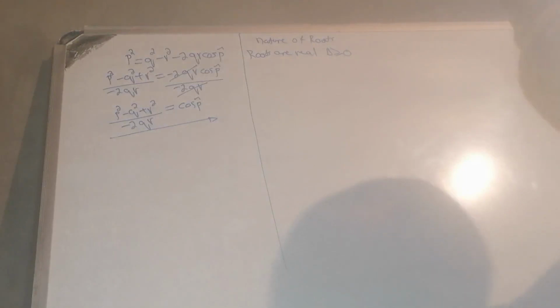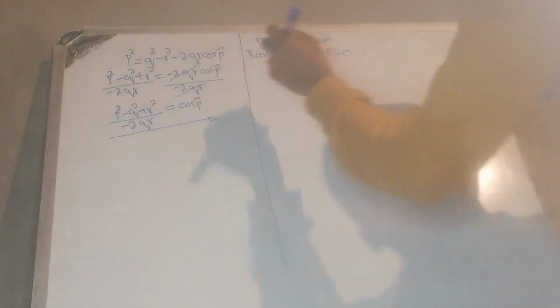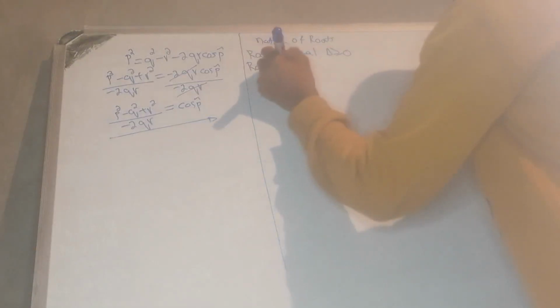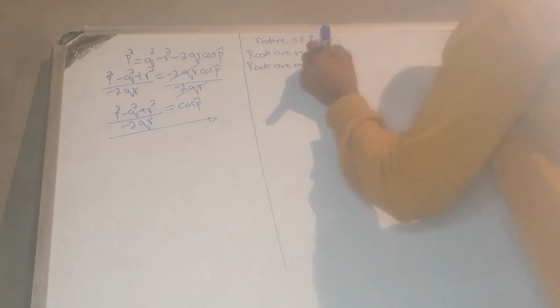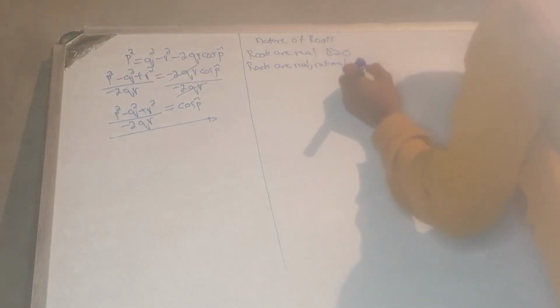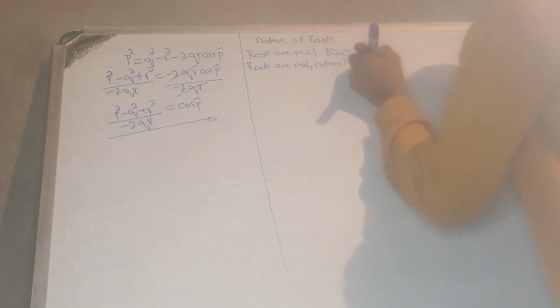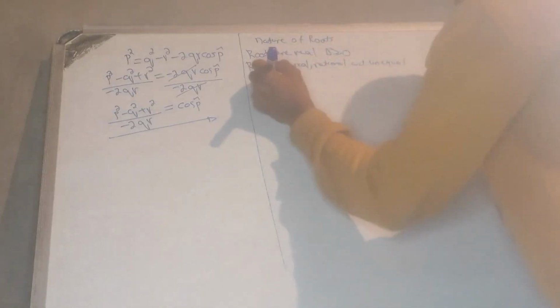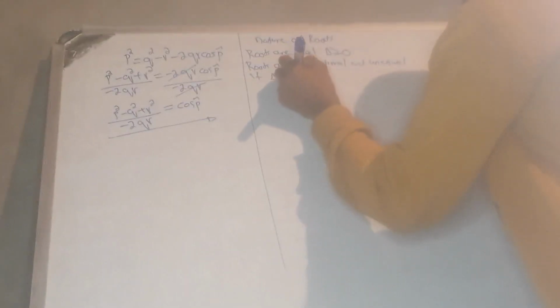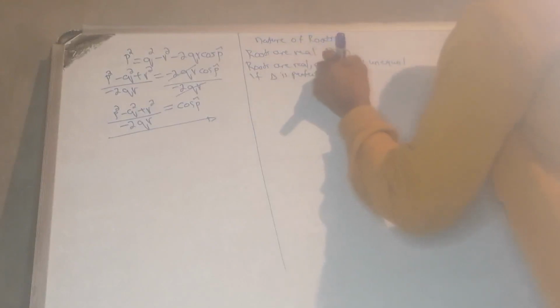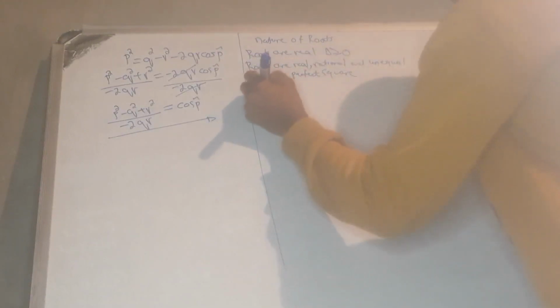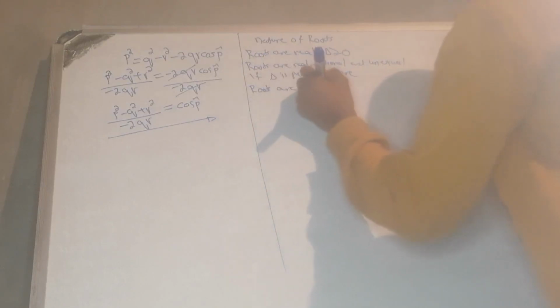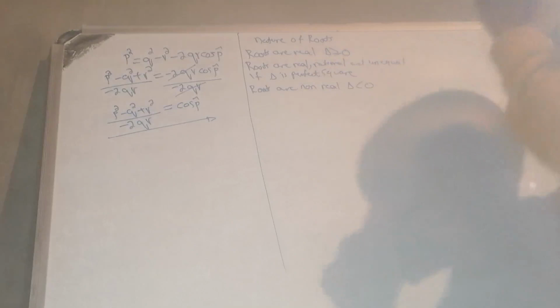The roots are real, rational, and unequal if the discriminant is a perfect square. And the roots are non-real if the discriminant is less than 0. Just in summary, you know?